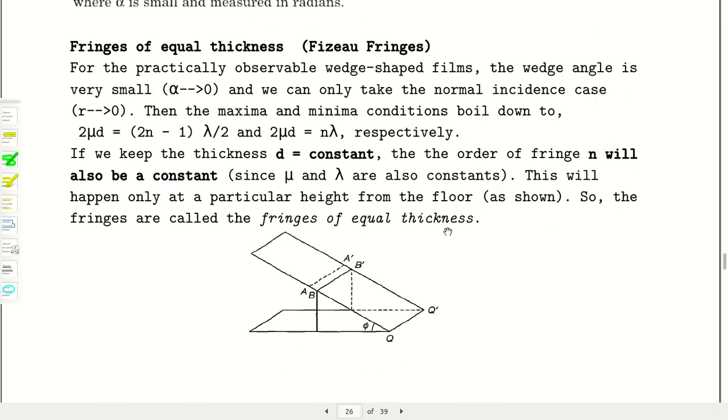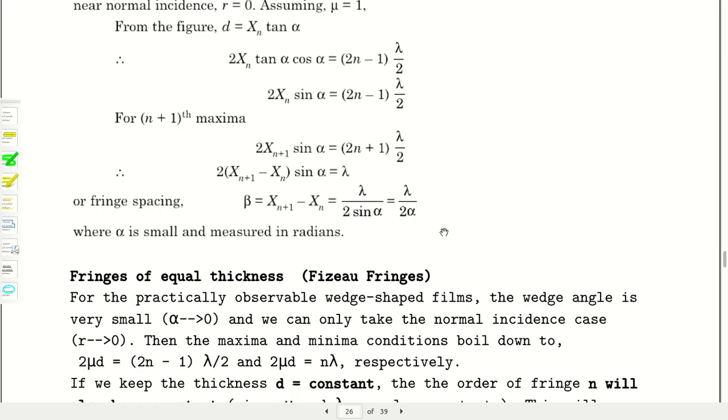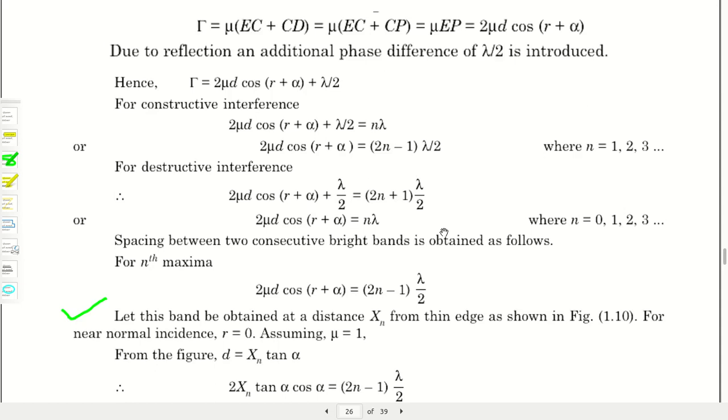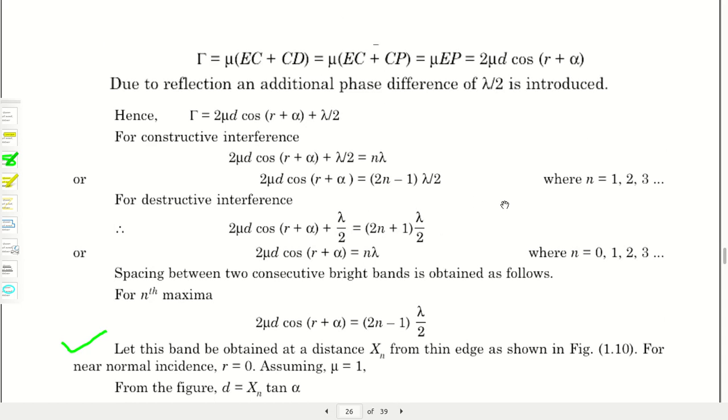Okay, these fringes are called fringes of equal thickness. Why? Just look at the formula, you will get the result automatically. If mu is constant, r is constant for a particular ray, and alpha is constant, so the left hand side is all constant except d. In the right hand side, n is a particular order and lambda is constant for the monochromatic light which we have used here.